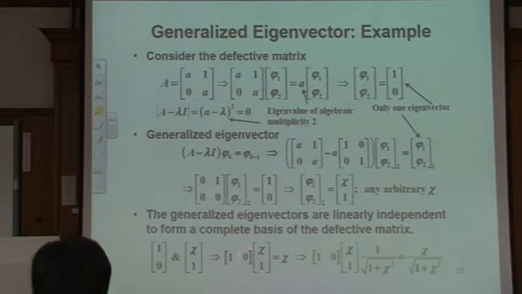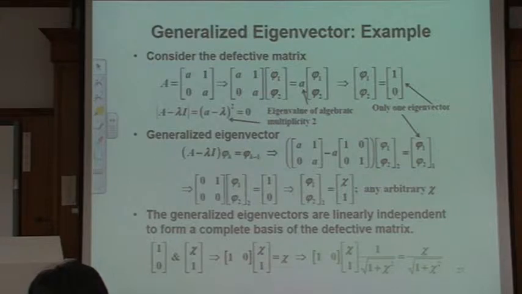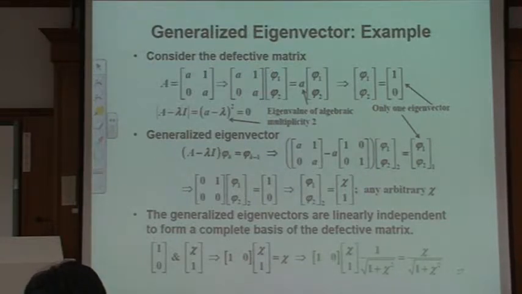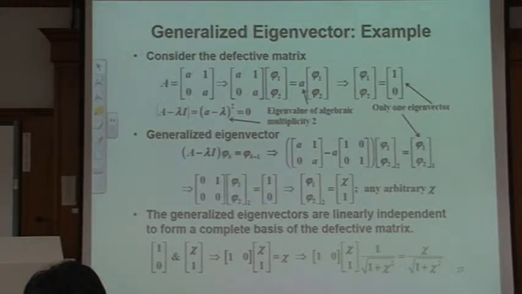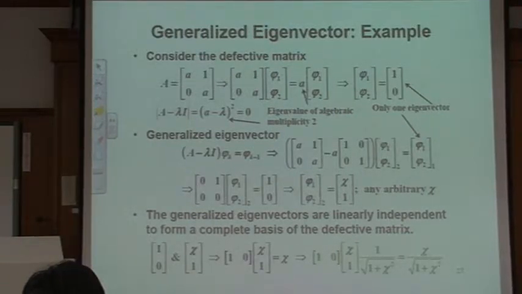We can use a normalized vector, and we get this same result. I'm not sure if you remember from linear algebra: if two vectors are independent, you cannot find any linear combination between them.